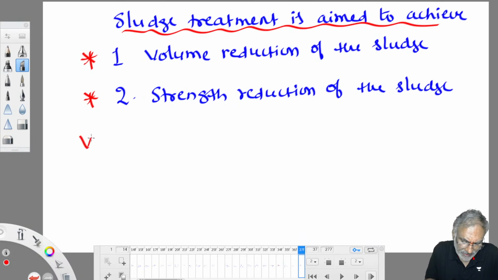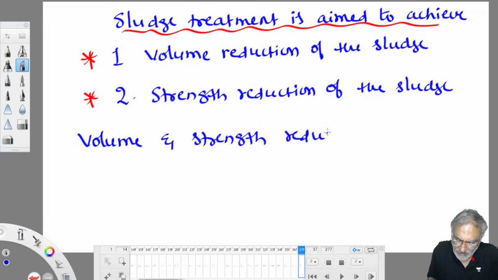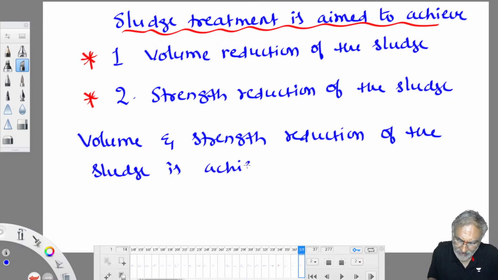So this volume and strength reduction of the sludge is achieved by employing the following 4 technologies.